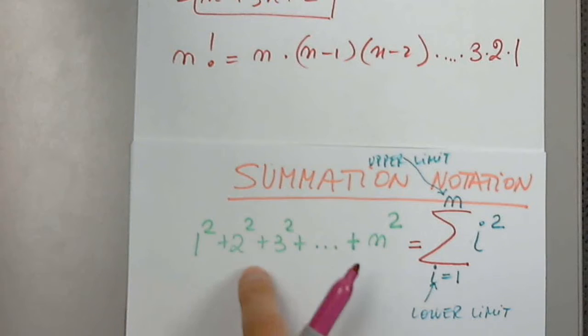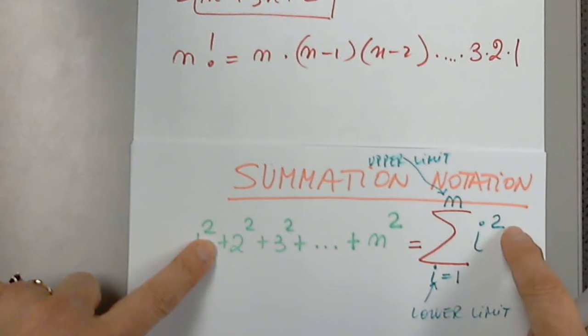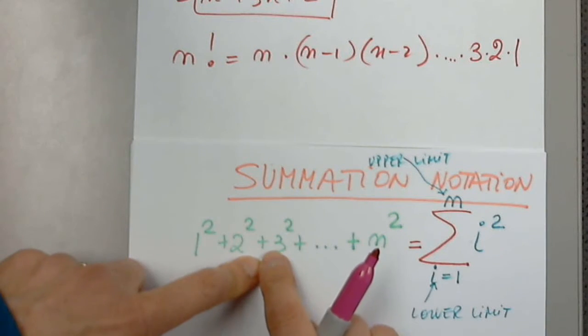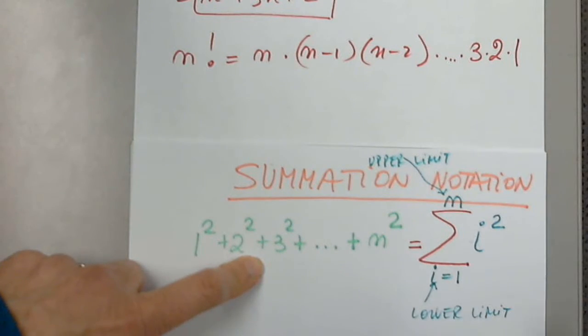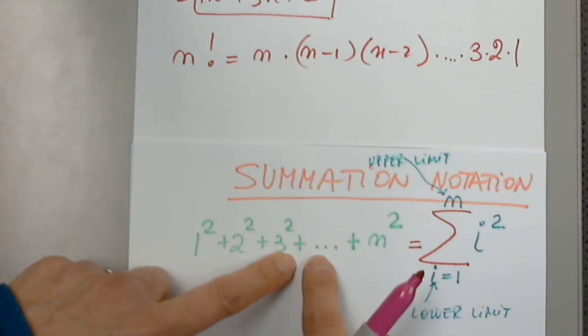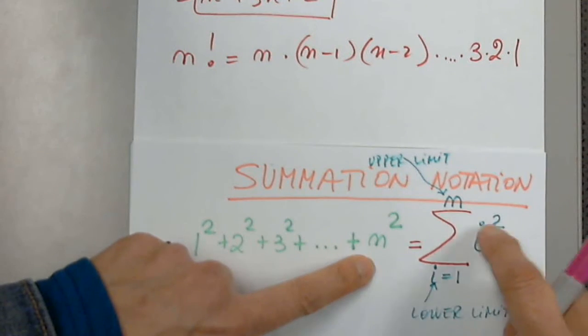The sum says plus. I move on. When I is 2, 2 squared. The sum says plus. When I is 3, I move on to the next one. 3 squared. The sum says plus. Dot, dot, dot, till I get to the very last one, when I is n, and I get n squared.